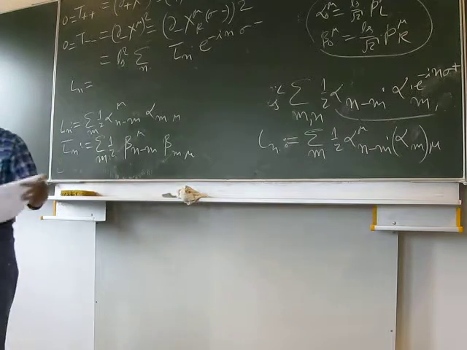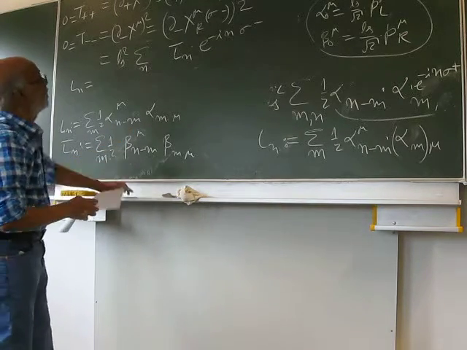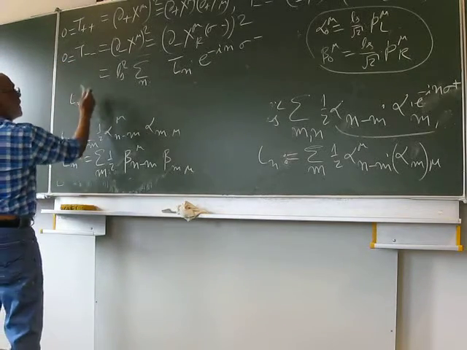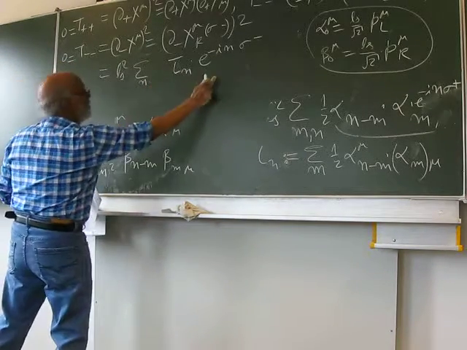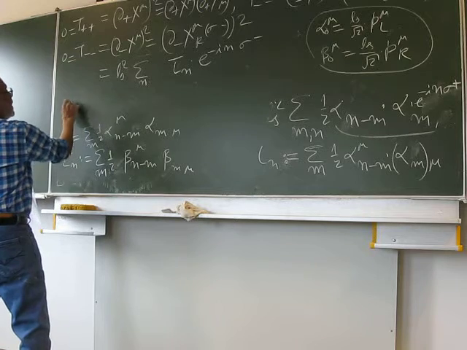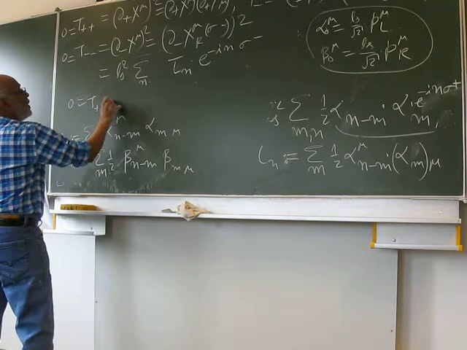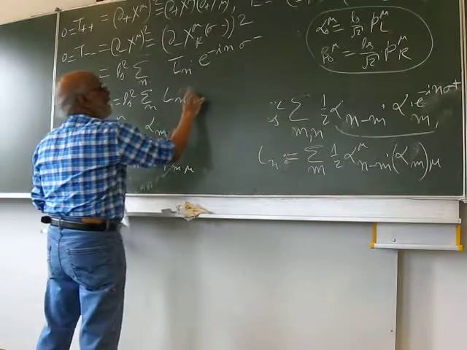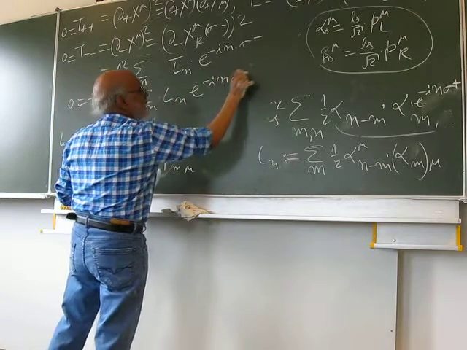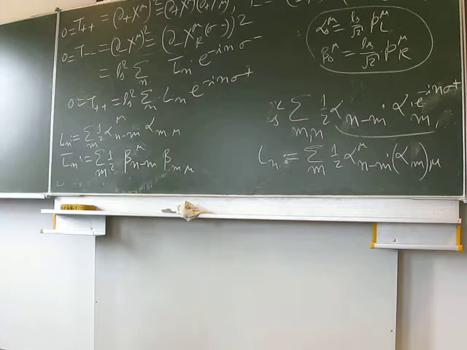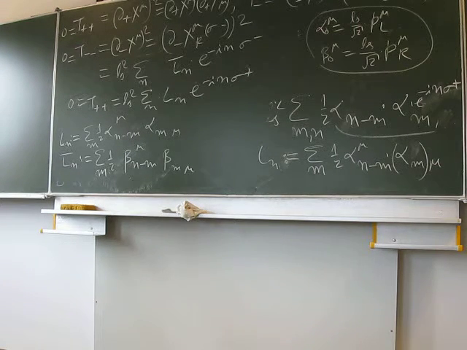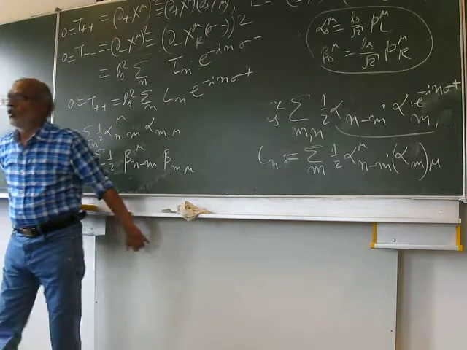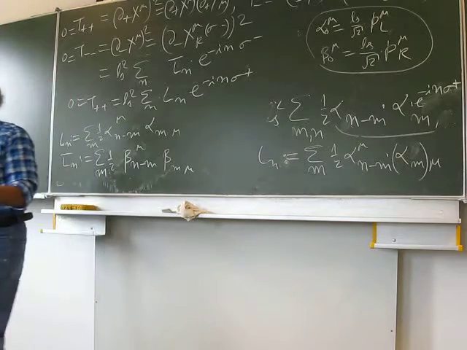So both of them are being summed up, and therefore now what we had, this is one thing here, and in the other one 0 equal to T plus plus equal to L squared this L n e to the power minus i n sigma plus. So this I only wanted to emphasize here, that this L n and L n bar are going to be our Virasoro operators at the quantum level.